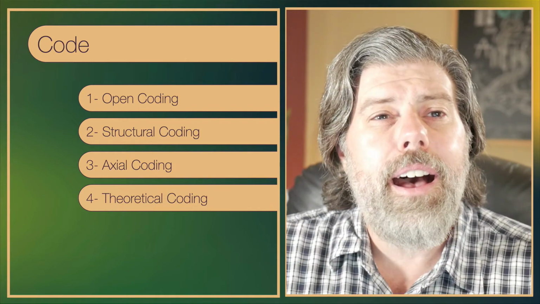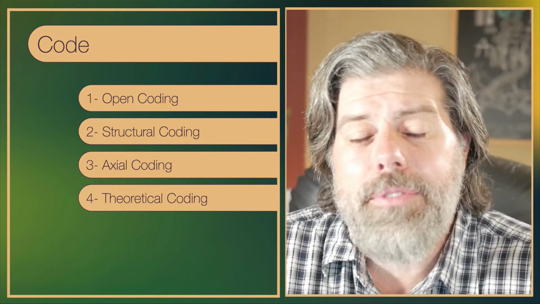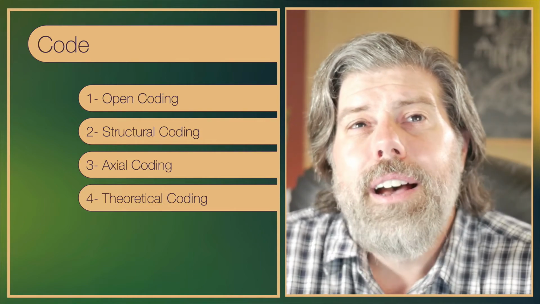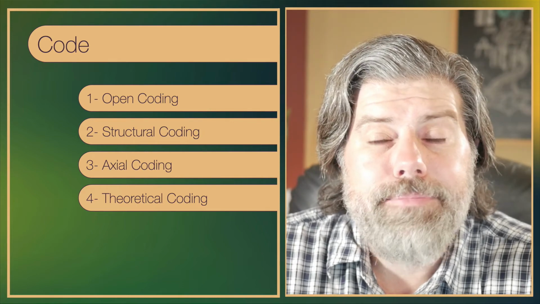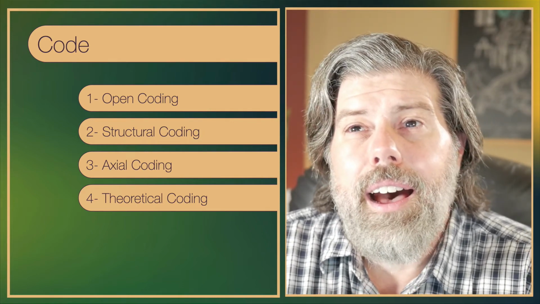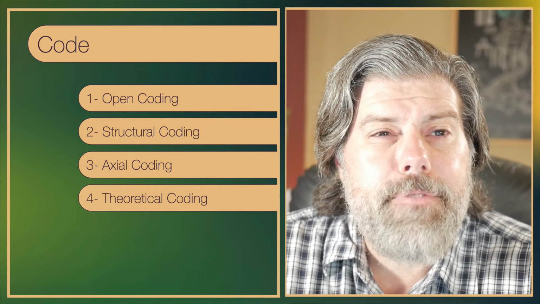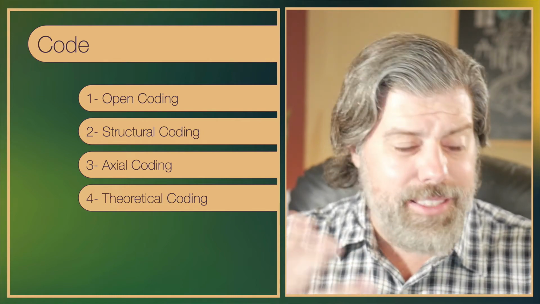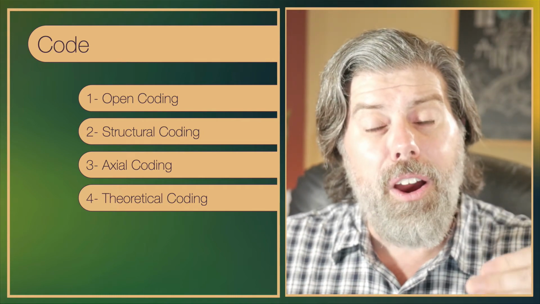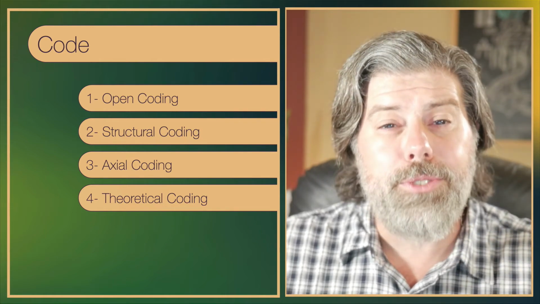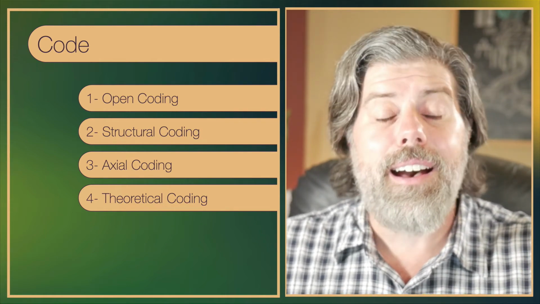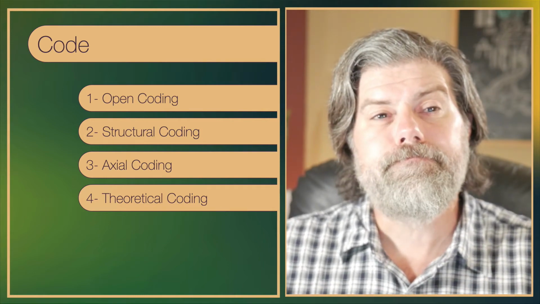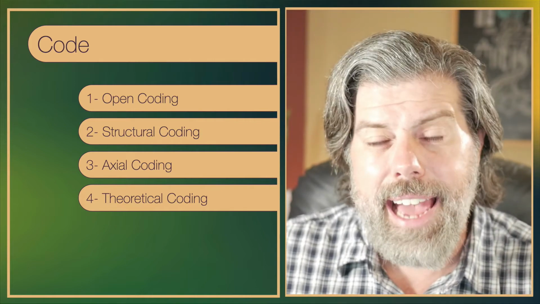And under that primary theme, I might have a sub-theme or subcategory of daily prayer, daily Bible reading. There's all kinds of things that the data might reveal to me that are subcategories beneath this primary theme of daily activity.